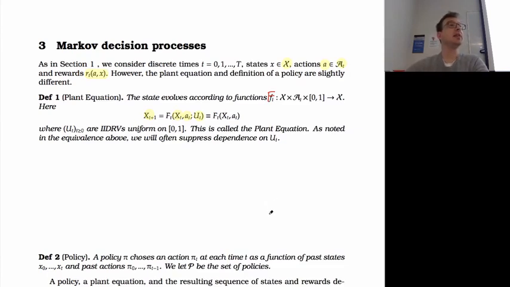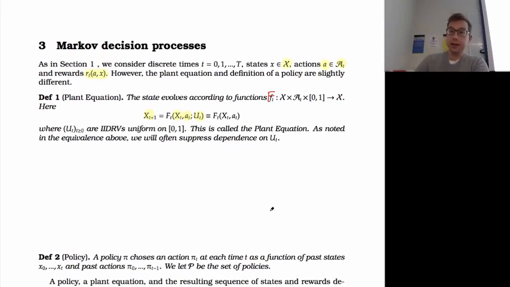So we've got the three components that decide where you're going to end up next: your current state, the action that you choose, and then some randomness. In a dynamic program, we just considered the state and the action. In the Markov chain, we considered the state and then some uniform randomness. And now we're considering all three of those things together. Does that make sense? Is that okay?